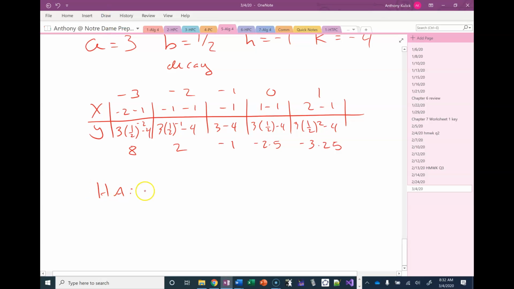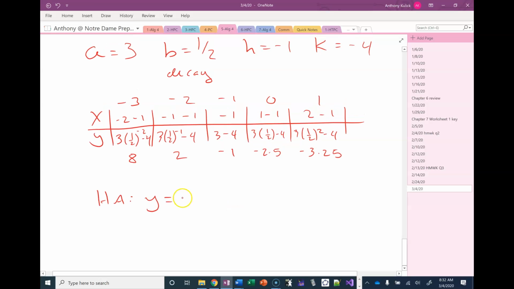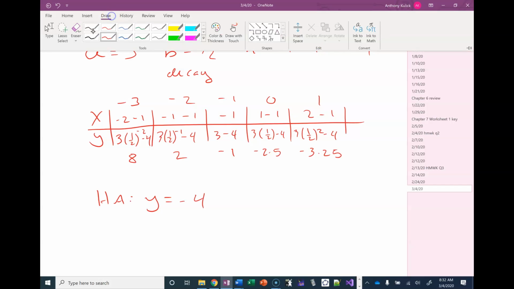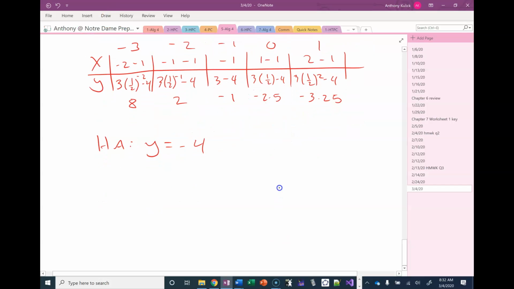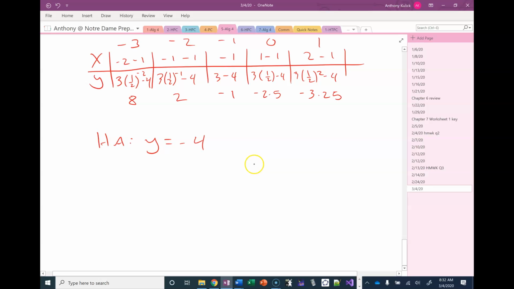Next up, let's write down our horizontal asymptote. In this case, it is y equals -4. Again, the k value is all we need to determine that equation for our asymptote. It's everything I need, so let's go ahead and draw our graph.